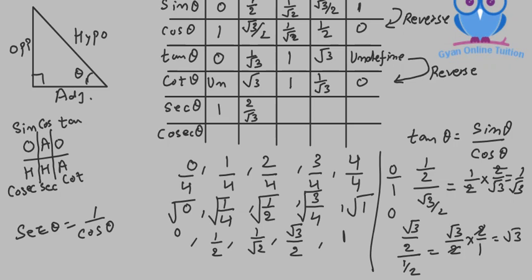The value 1 by root 2 becomes root 2 by 1, so we can just say root 2. 1 by 2 becomes 2 by 1, so we can say 2. And 0 gives 1 by 0, which is undefined. So this is the value, I just took the reciprocal of the cos values.